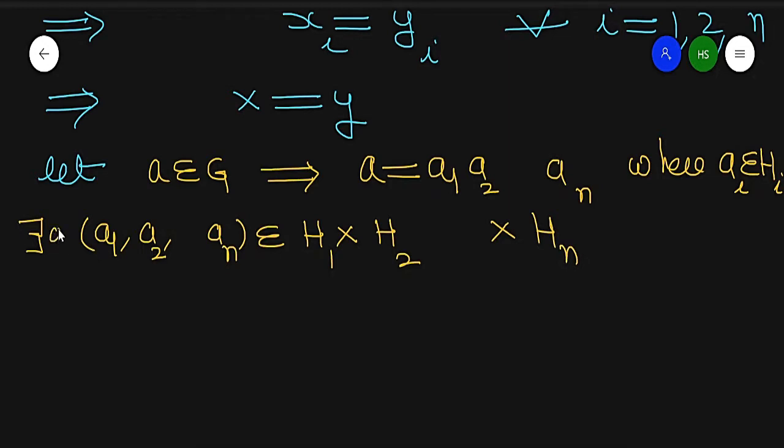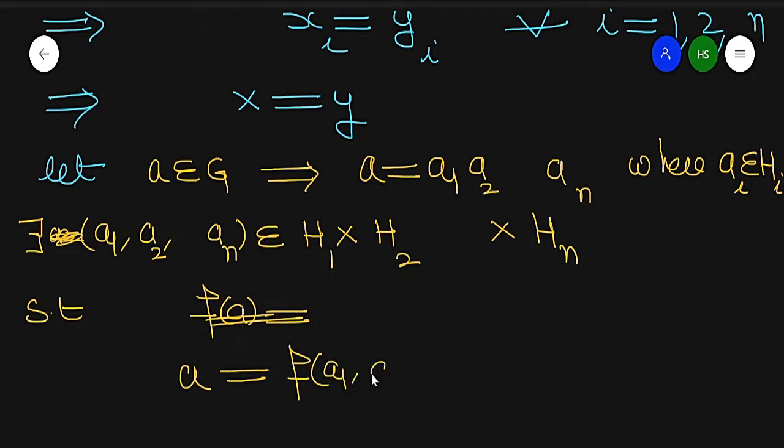This element is such that f of this tuple is equal to a, in tuple form a1, a2 and an. So it implies f is onto.